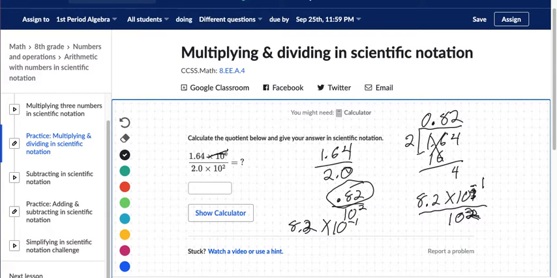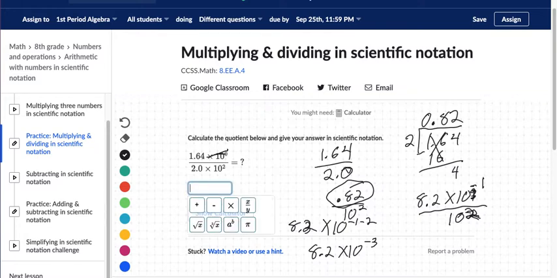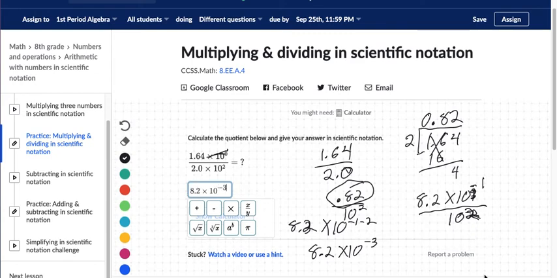So negative 1 minus 2, and that's 8.2 times 10 to the negative 3. Or 8.2 divided by 10 to the 3, but in scientific notation, you want the power of 10 on the same line. So 8.2, you don't want it in the denominator. 10 to the negative 3.